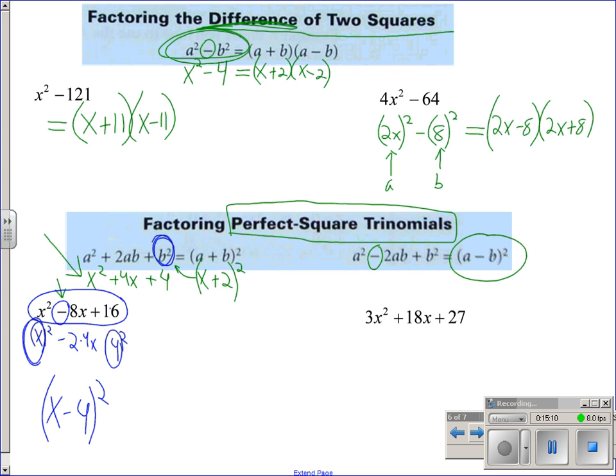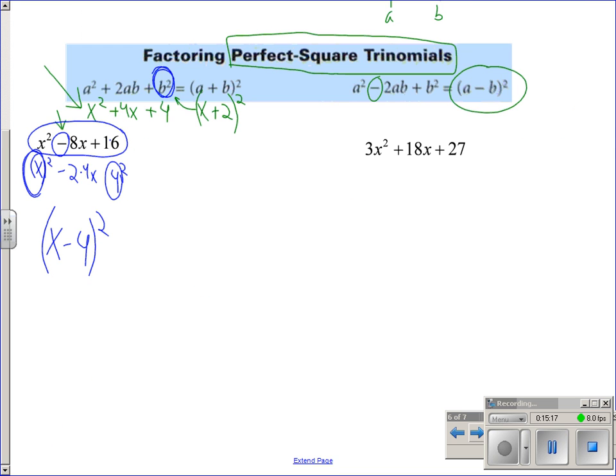Okay. For this next example here, the 3x squared problem, let me move this up a little bit. You should first notice there's a common factor of 3. Take that out. Always look for those greatest common factors. So if you factor 3 out, you're left with 3 times x squared plus 6x plus 9. Okay, that 3 is just going to stay out there the whole time.